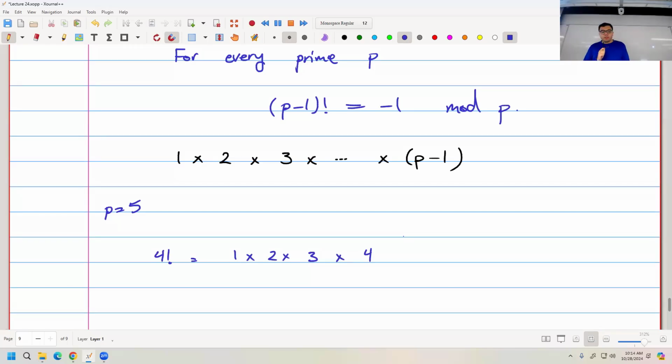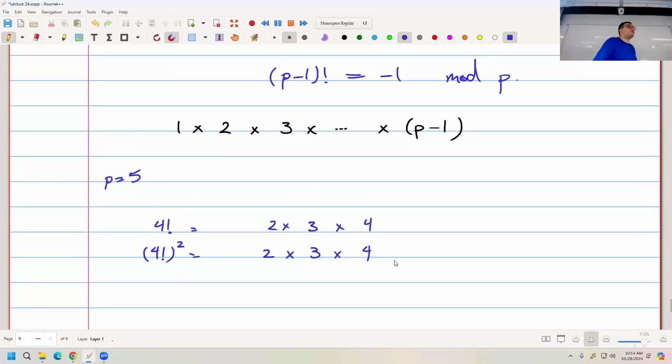What happens if I multiply this by itself? What happens if I take 4 factorial squared? Okay, I can forget about the 1. I don't care about the 1. I have 2 times 3 times 4. But these numbers, 2, 3, and 4, are relatively prime to 5. So each of them has a modular multiplicative inverse modulo 5.